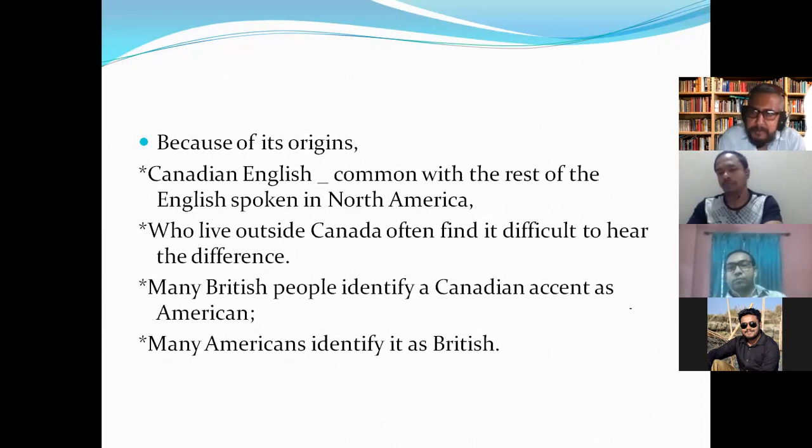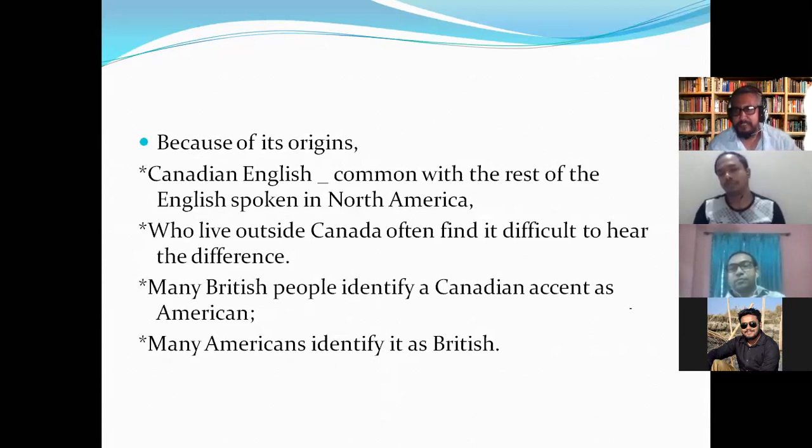And many British people for this reason identify Canadian English as American. Okay. However, many Americans identify Canadian English as British English. Okay. That means only on the basis of the origin, Canadian English gets mixed with British English and American English in such a way. And the American people say, no, this is not our language, it is British language.